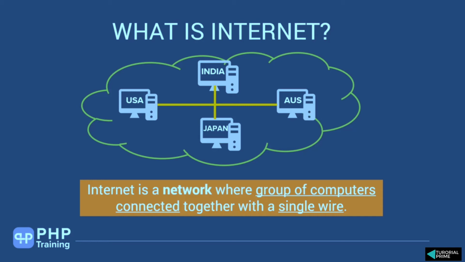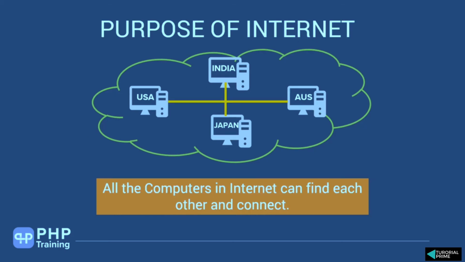That's the concept of an internet. So when someone asks what is internet, it is nothing but a network where all the computers are connected with a single wire, so they can find each other and communicate. Let's look at the purpose of internet. All the computers in the internet can find each other and connect. That is the only purpose that internet exists.